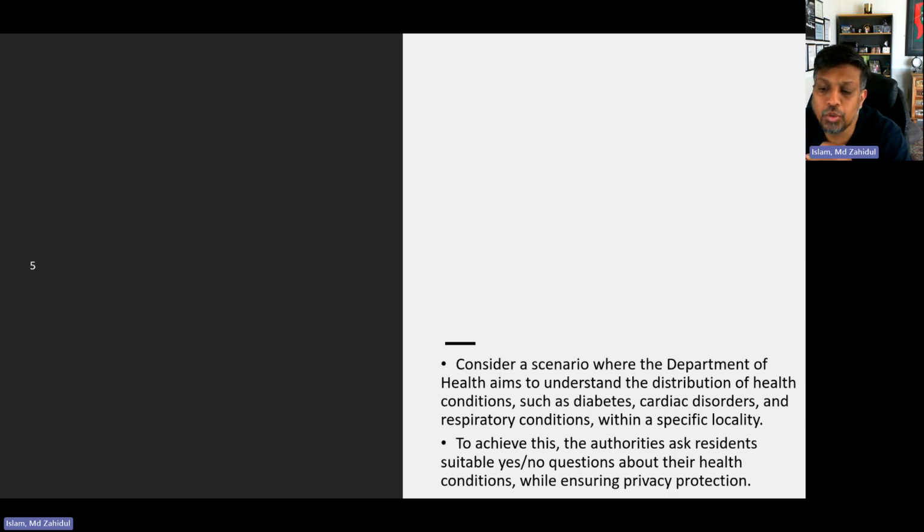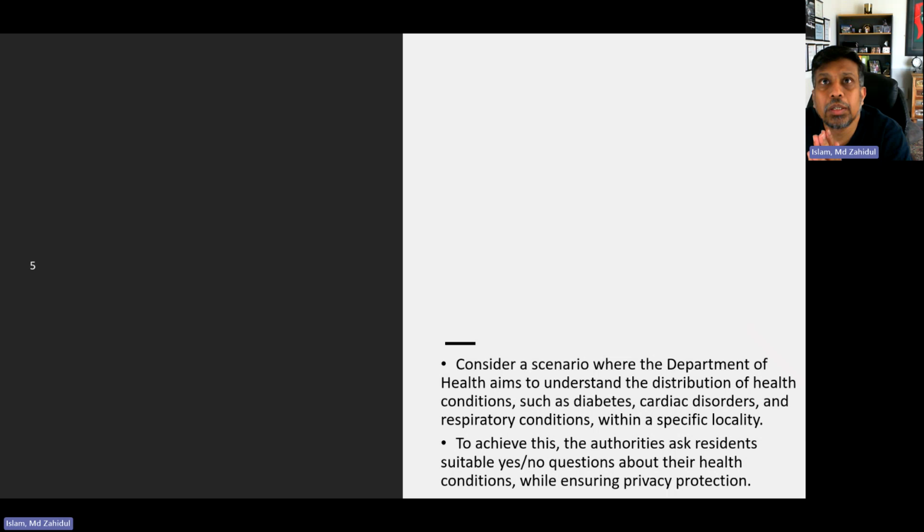Now, in order to achieve this, they need to run a survey, right? They need to ask the residents in those regions suitable yes/no type questions about their health conditions in this particular scenario.